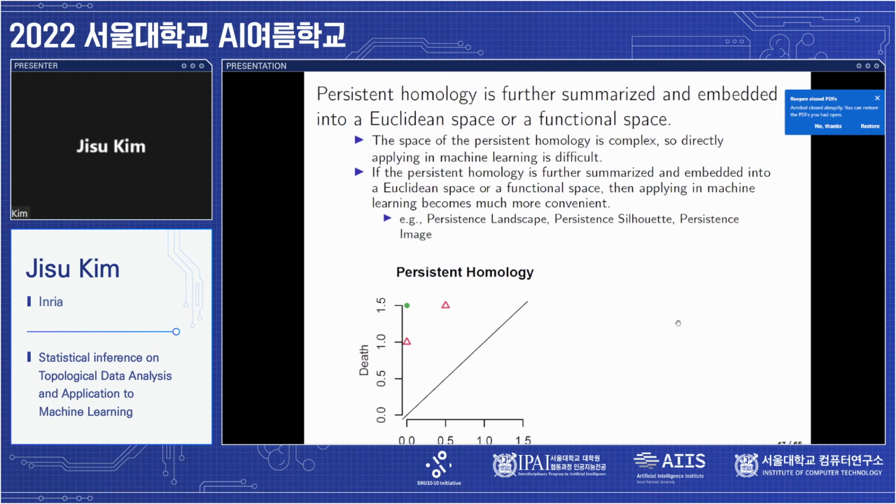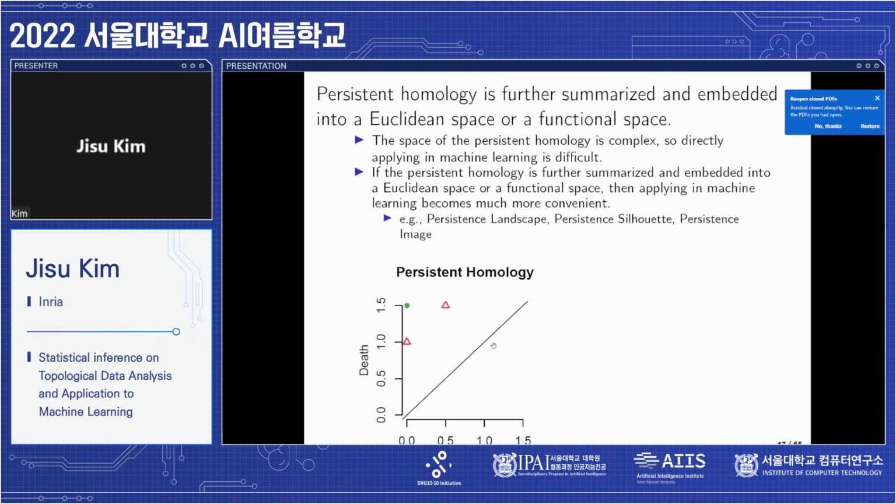So for the first one, I will talk about how you can featurize the data with topological data analysis. One way of doing this is the persistent homology.